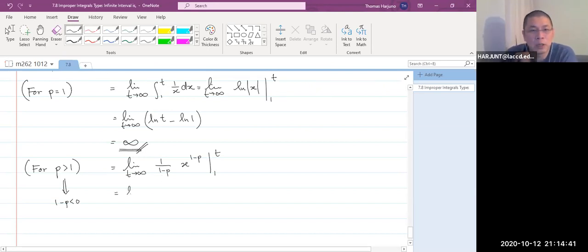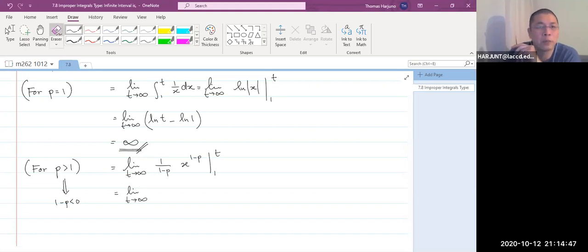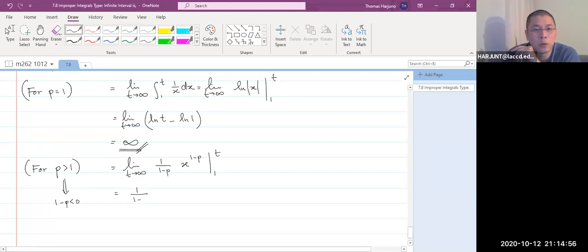So this will be the limit as t goes to infinity. Let me take the 1 over 1 minus p outside: 1 over 1 minus p outside, limit as t goes to infinity of t to the power of 1 minus p minus 1.